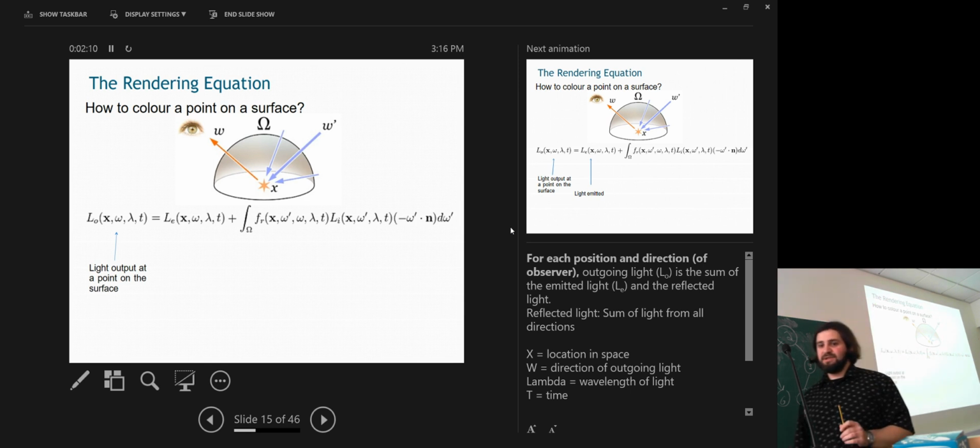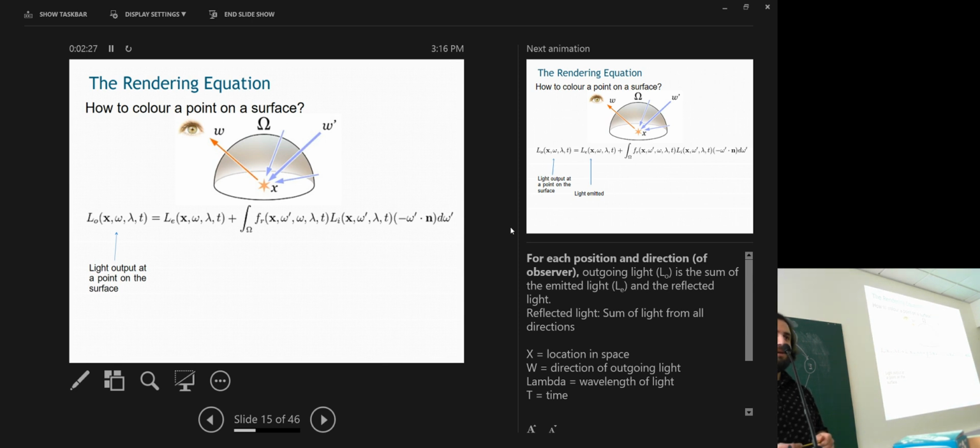So what's happening on the other side? Any guess for this one? So if LO is L output, what can LE be? I can say that it's used for very particular cases, and we usually set that to 0. So that is emission.